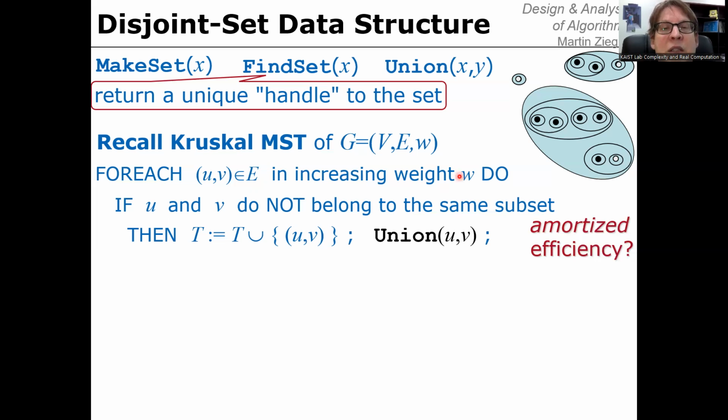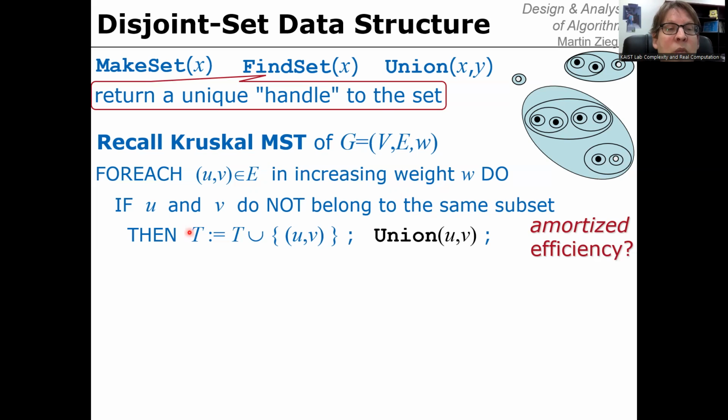Initially, they are all singletons, so they do belong to different subsets. If they belong to the same subset, then Kruskal will discard that edge because it would create a loop and is thus redundant. We're only interested in trees which do not contain loops.